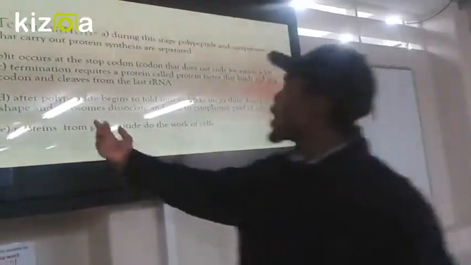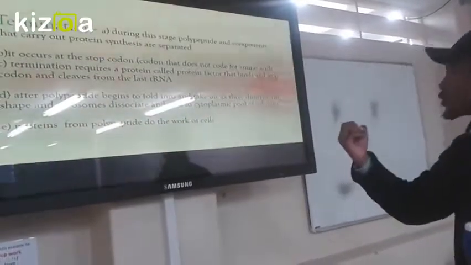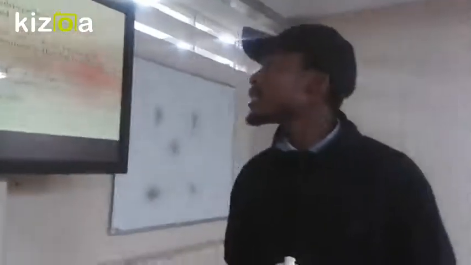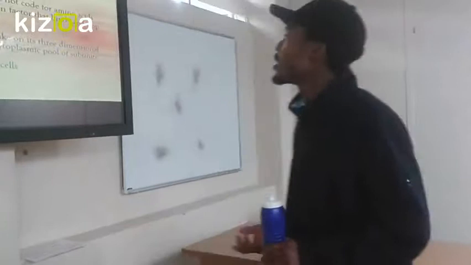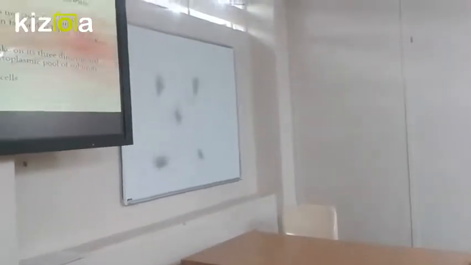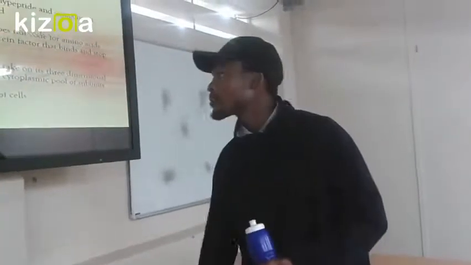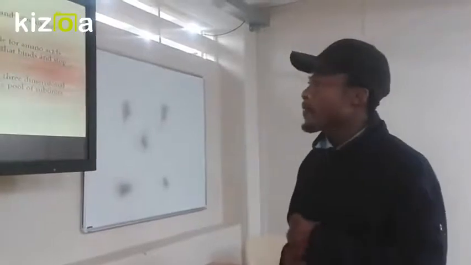So now the polypeptide begins to fold and takes its own three-dimensional shape, and the ribosomes disassociate and go to the cytoplasmic pool of subunits. Sorry for the slip of the tongue.